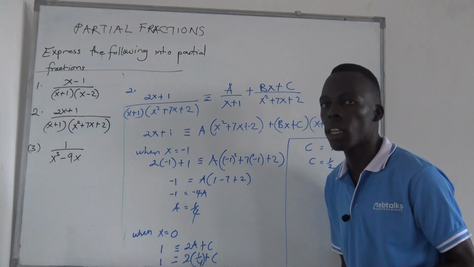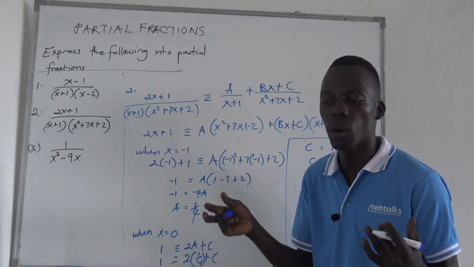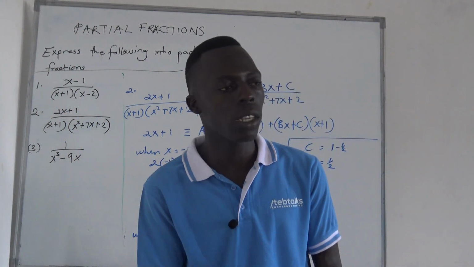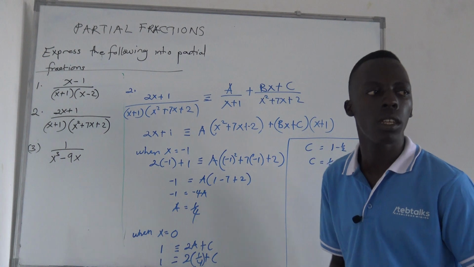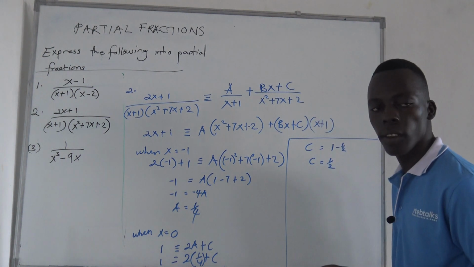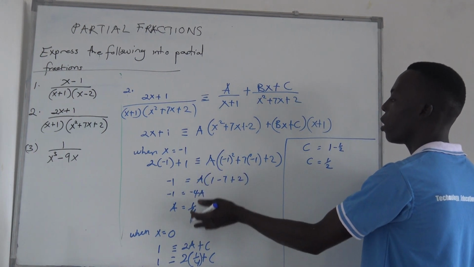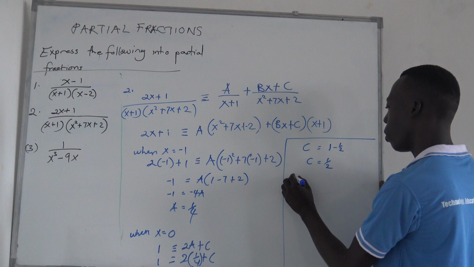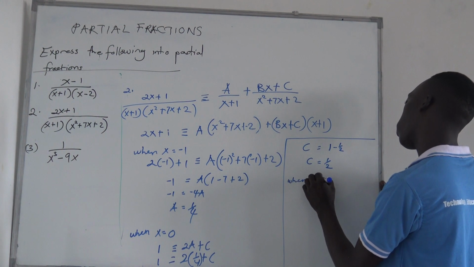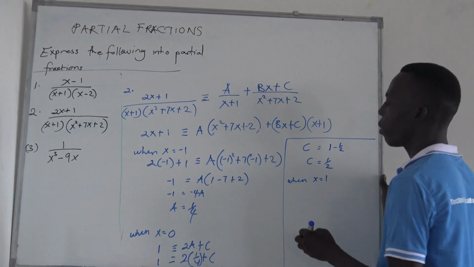Now to get the b, I can either substitute just the lowest value, the least value, which cannot bring for you problems in solving, or which is easier for you. So for this case, I'm going to use 1, since I have not used it anywhere. So I say when x equals 1. So I'm going to substitute here the value of x, which is 1.